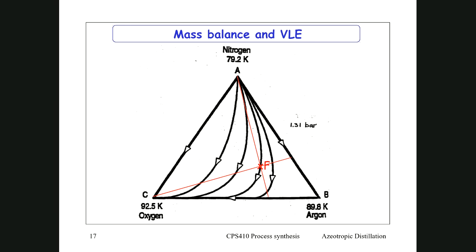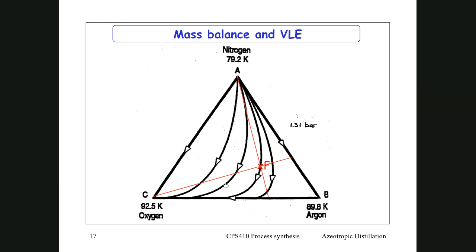Now, we found that if we have a bottoms composition, well, let me get the pointer again. If we have a bottoms composition there, and the straight line has to go through the feed and then touch that same residue curve on the other side, then this is an impossible bottoms composition, because we can't touch that same residue curve on the other side of the feed.